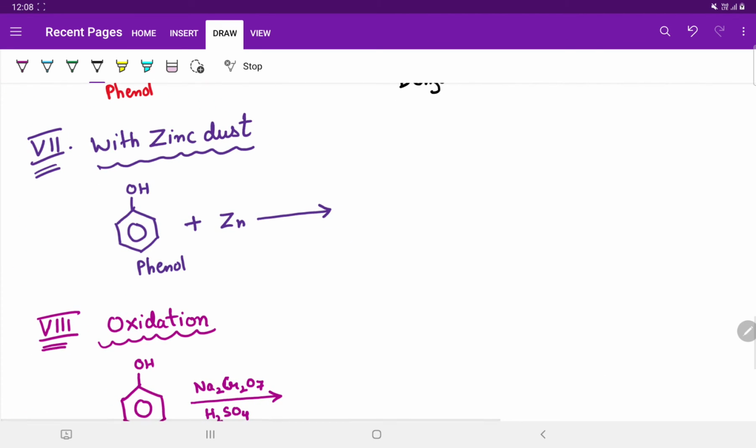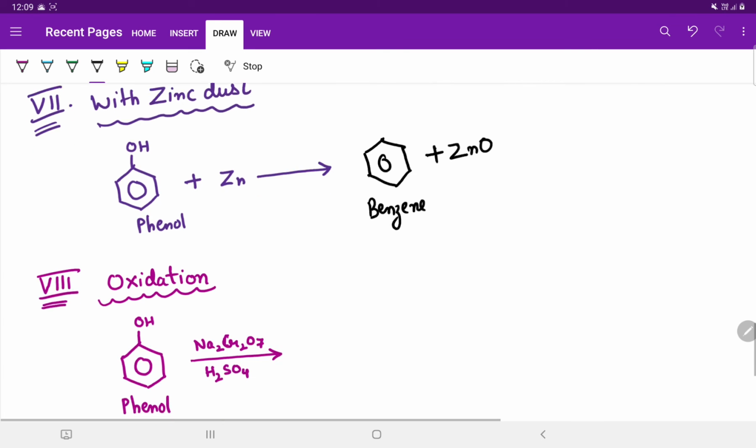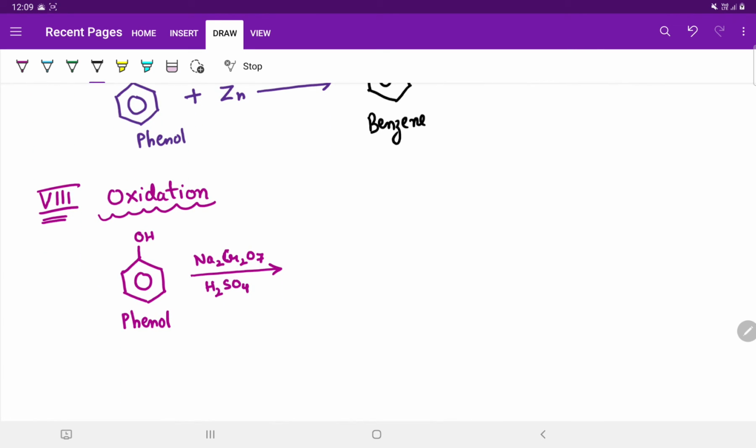Next is the reaction with the zinc dust. So, on acting with the zinc dust, it leads to formation of benzene with removal of zinc oxide ZnO. So, this is the benzene that is formed. So, the OH group at the first position is removed. And lastly is the oxidation.